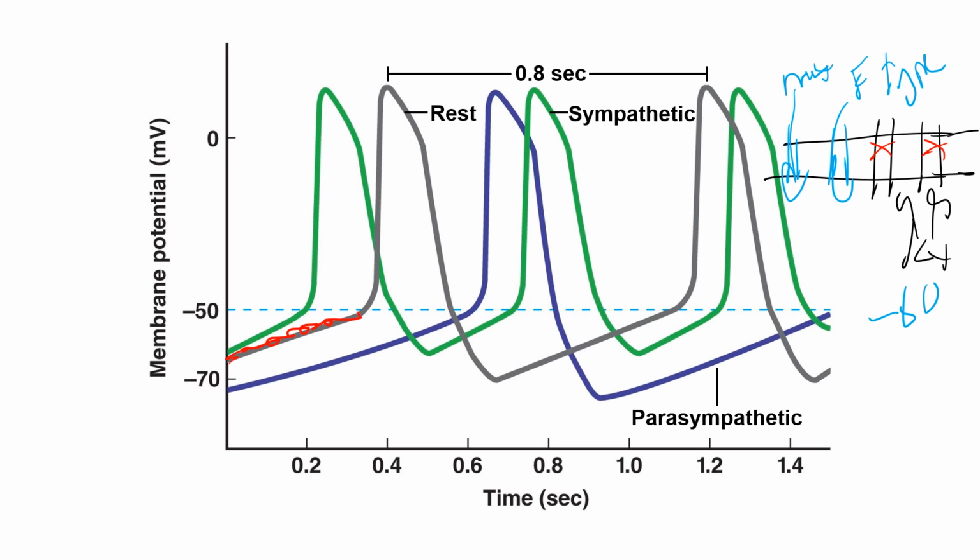And that G protein pathway actually opens up more potassium channels than normal. So what would happen at -60 under a parasympathetic stimulus? The SA node fiber is being influenced by the parasympathetic nervous system. Thus, there are more potassium channels open than typical.